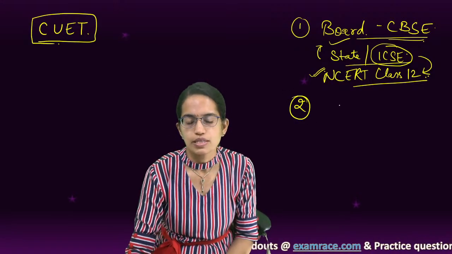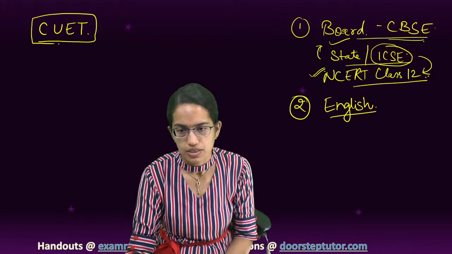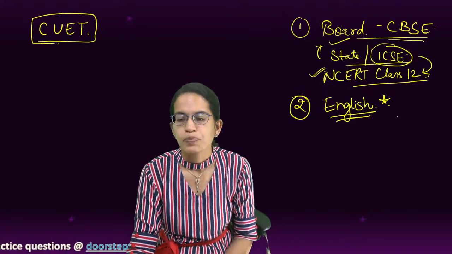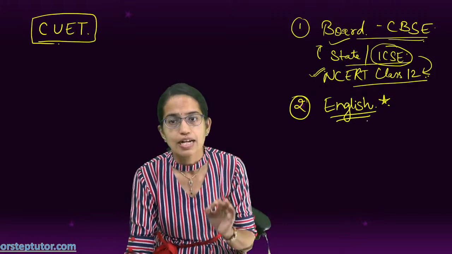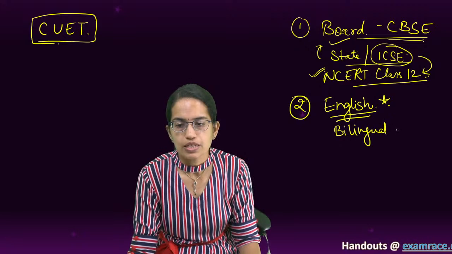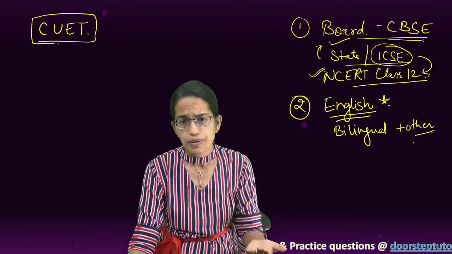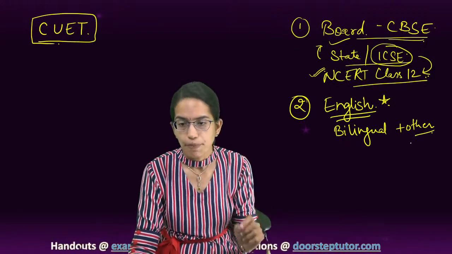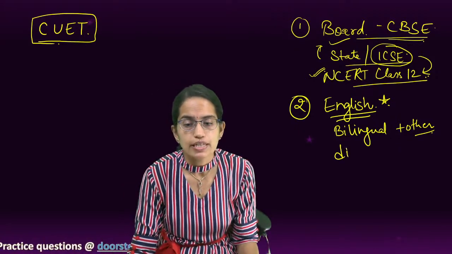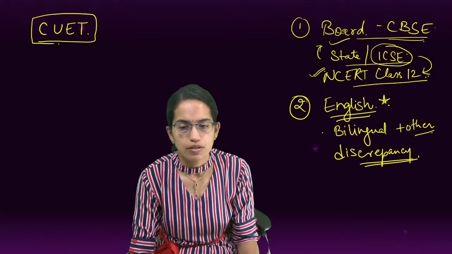The second important thing is that the examination is, although in 13 different languages, English would be one of the predominant mediums of instruction. Why? The notification clearly says that each of the questions would be bilingual. That means it would be English plus one other language that you have opted for. It could be Hindi, it could be a regional language, but the translation can vary, and in case of any discrepancy which is found in the translation, what has to be kept on priority?